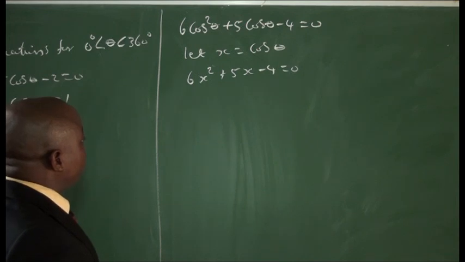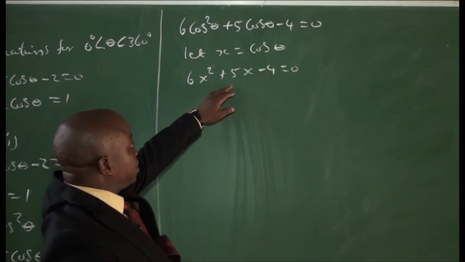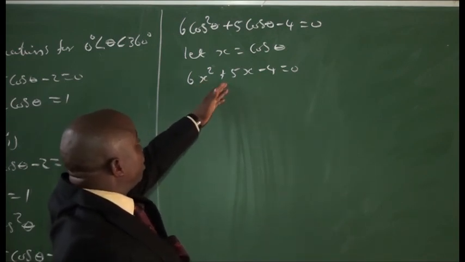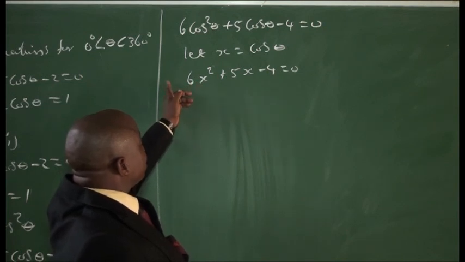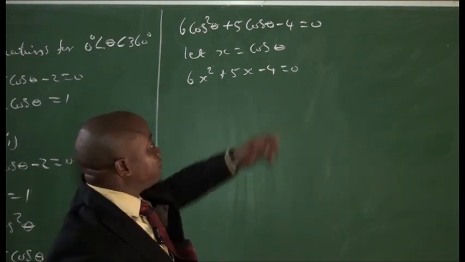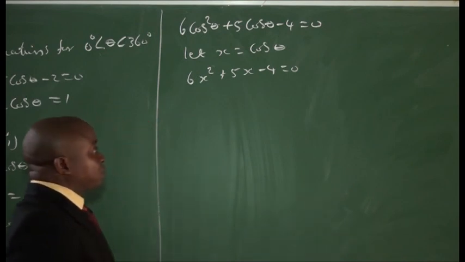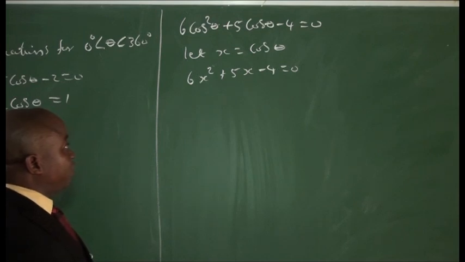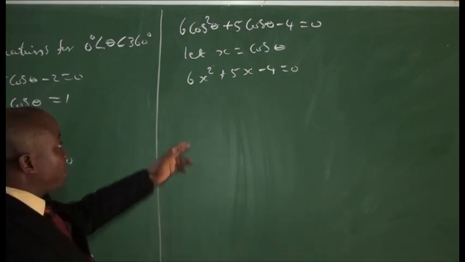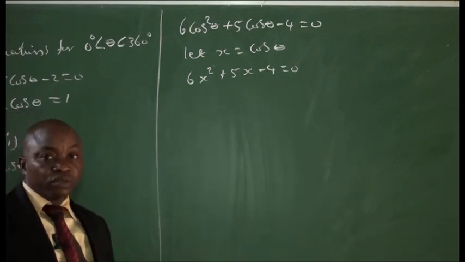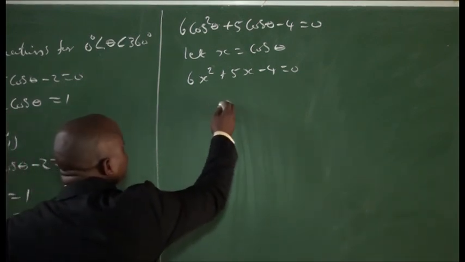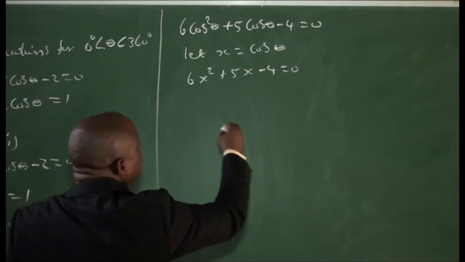I'm looking for two numbers that add to give me 5, and the same two numbers when multiplied will give me the product of 6 and minus 4, which is minus 24. So if you add, you have 5. If you multiply, you have minus 24. So the numbers are 8 and minus 3.